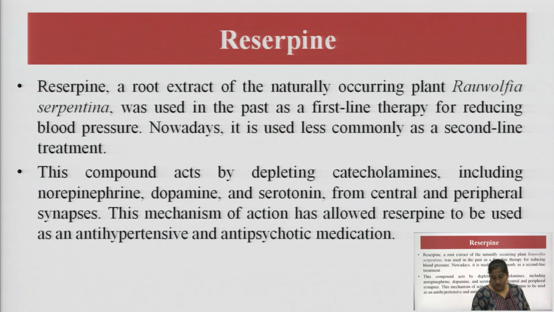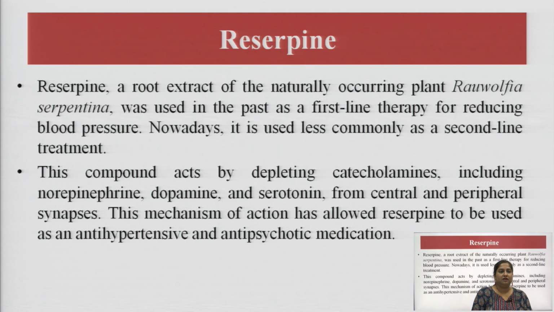Then comes a drug, that is Reserpine. This is a drug which comes from natural origin and is used in hypertension. Other than ACE inhibitors we can use it in hypertension. It is a root extract of the naturally occurring plant Rauwolfia serpentina.